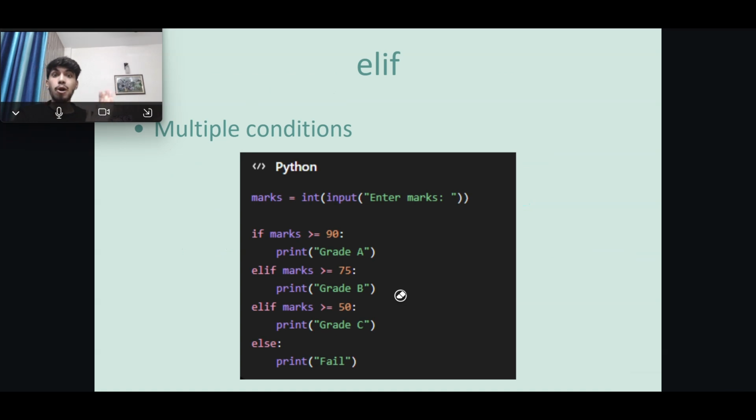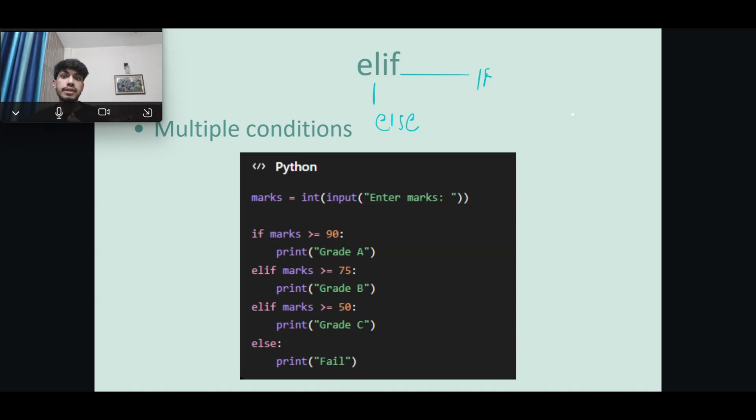So next we will study about elif. What is elif? A mixture of else and if. It is a mixture of else and if. Here we studied about else and if statements.